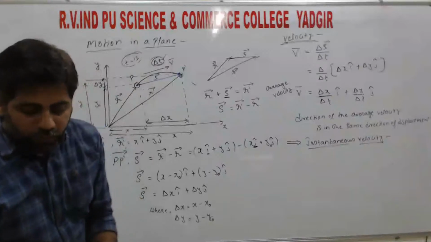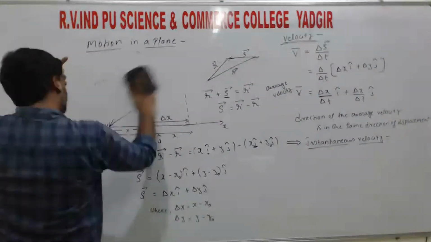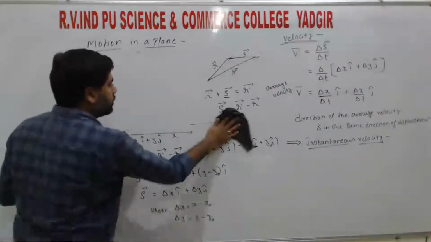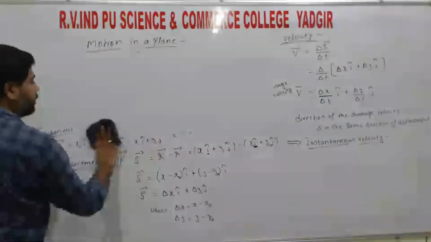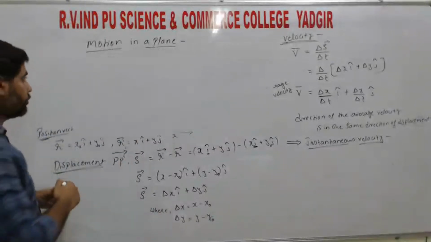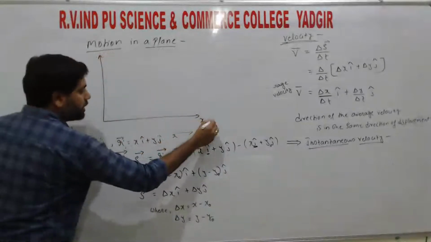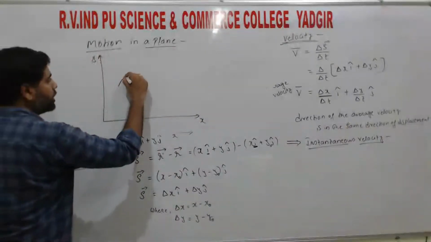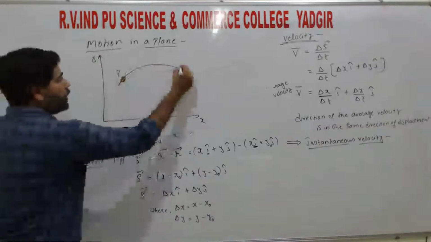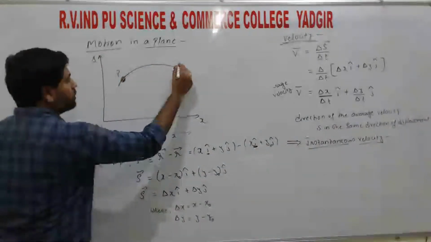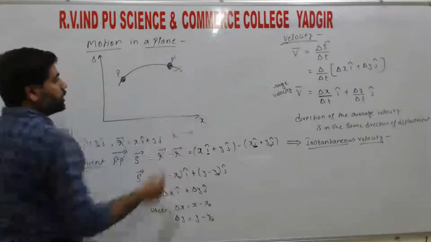So for that we have all these things. By plotting the same graph, here is x, here is y. The particle starts from somewhere here, p, and reaches somewhere here, p dash, right?